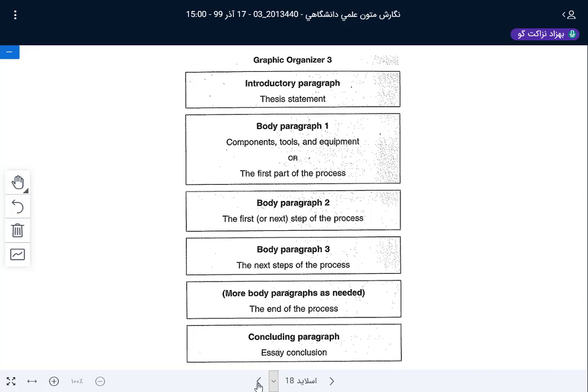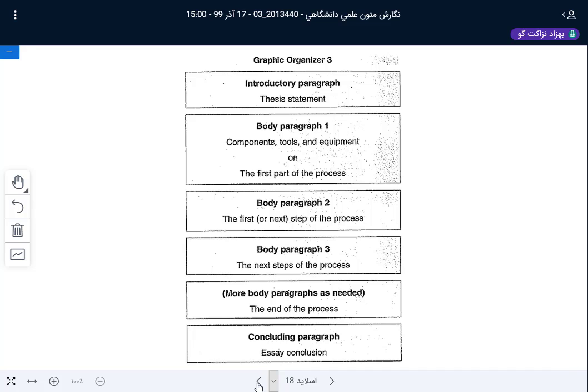So sometimes we have more than three body paragraphs. Again, as you see, like the previous ones, we have an introductory paragraph, and the thesis statement is the last sentence in the introductory paragraph, and that is the point you make. Then we have the body paragraphs, and we include components, tools, and equipment, or the first part of the process comes here.